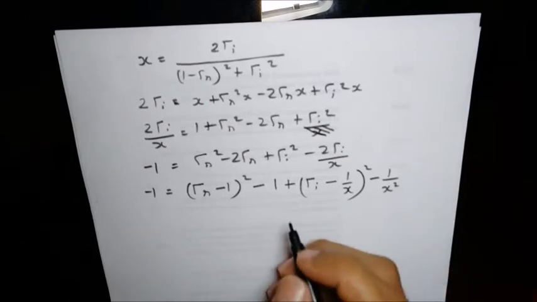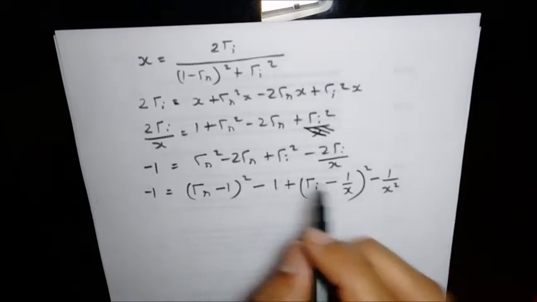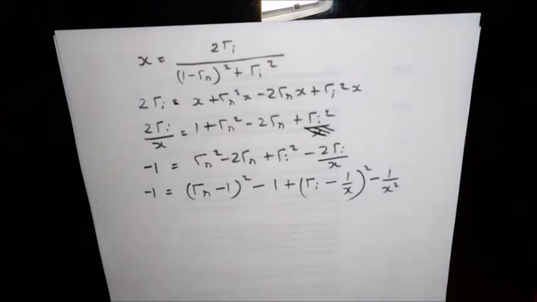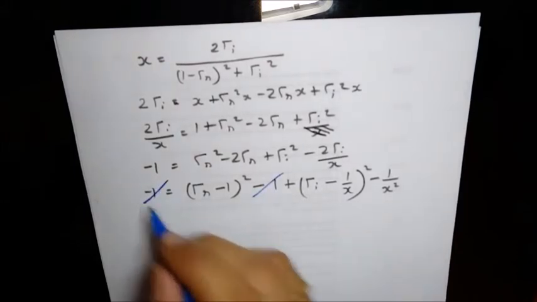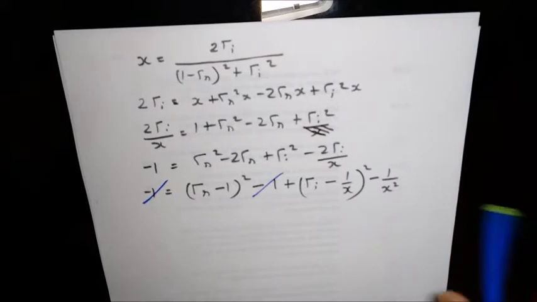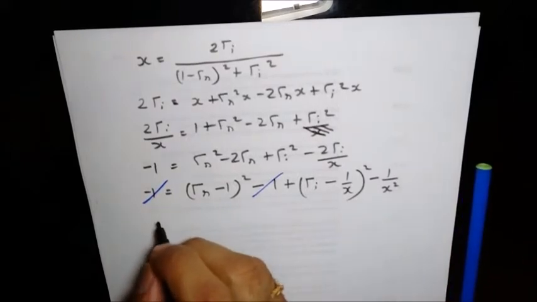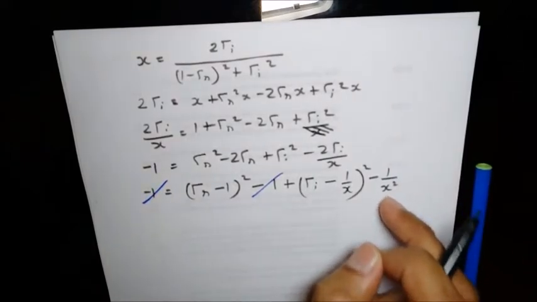Right. Now you can see that this is cancelling off, and you will now end up getting an equation of a circle.